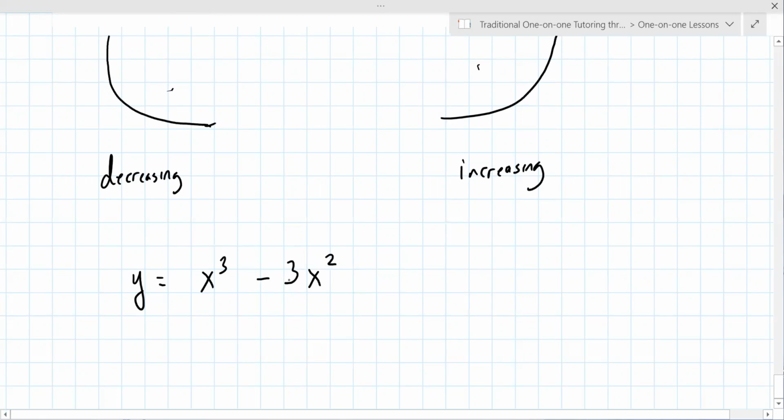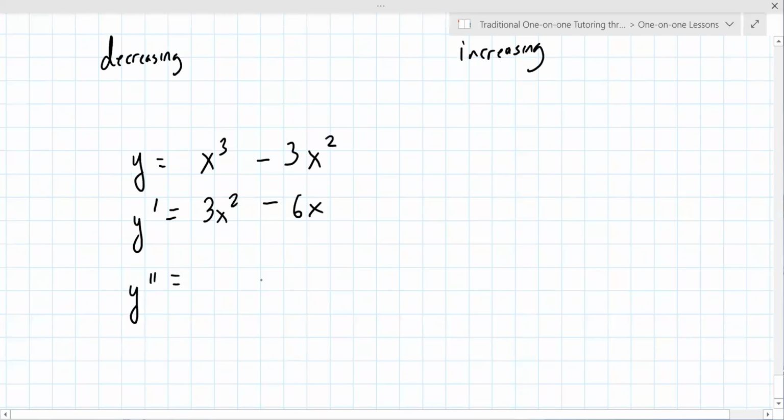Okay. What is the first derivative? The first derivative here is 3x squared minus 6x. What is the second derivative? 6x minus 6. Set it equal to 0. What is x? What is the critical point or inflection point? Inflection point should be 1. Okay.